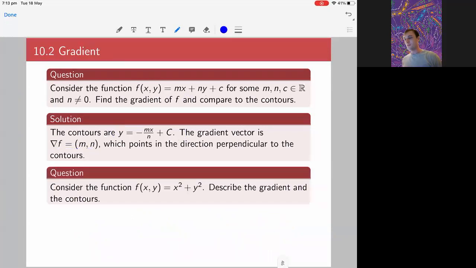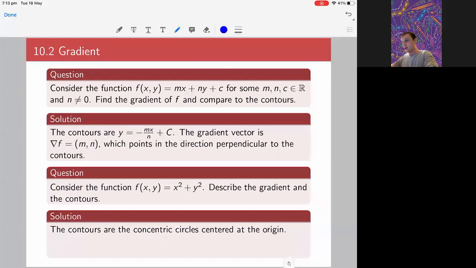Now here's another fun one. Consider the function f of x, y equals x squared plus y squared. Describe the gradients, describe the contours. Well, if x squared plus y squared is constant, that just means we're dealing with a circle. So the contours are actually just circles enclosing the origin. What about the gradient?